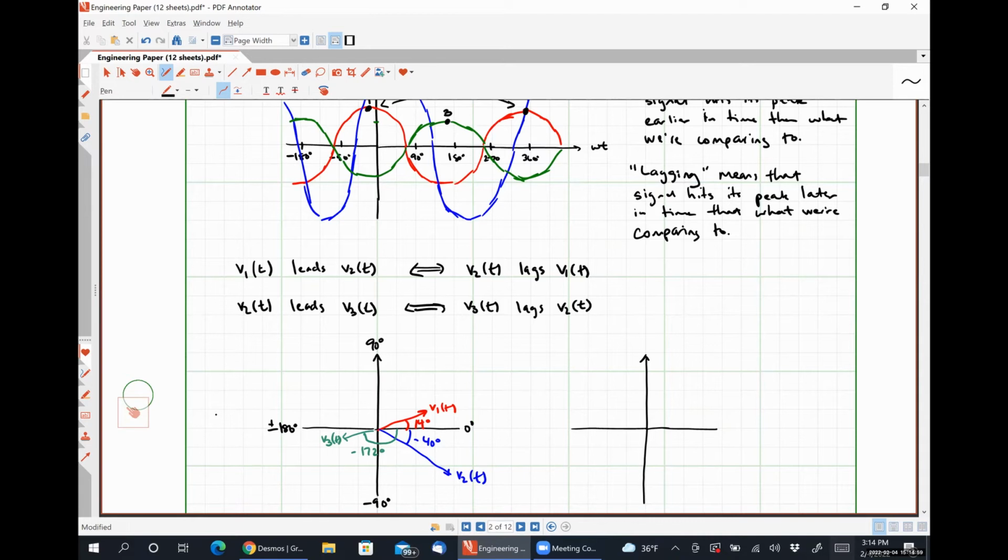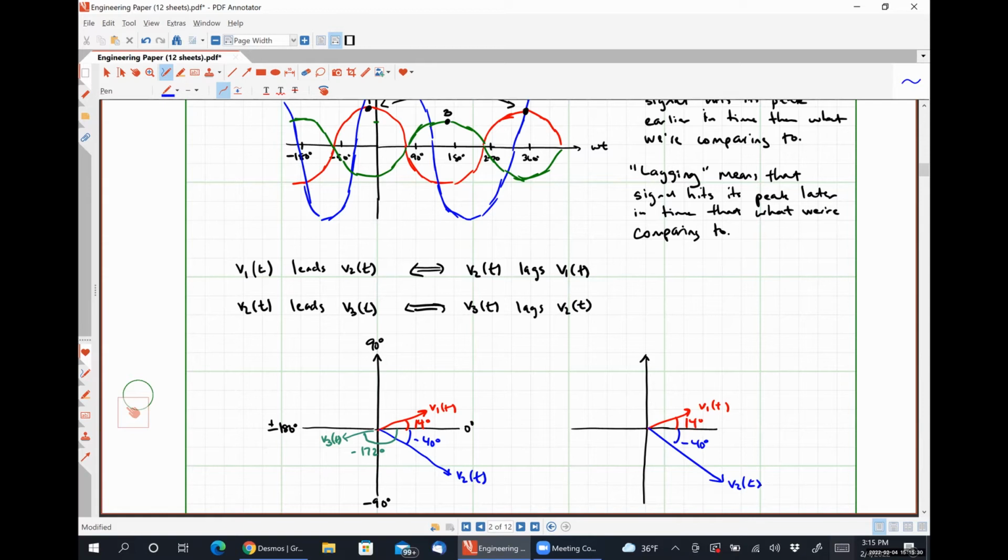So let's look at just the signals V1 and V2 real quick here. Again, V1 is something like this, with our angle being positive 14 degrees. V2, my stylus will write something like this, our angle being negative 40 degrees.